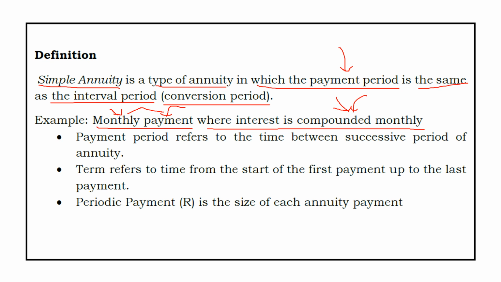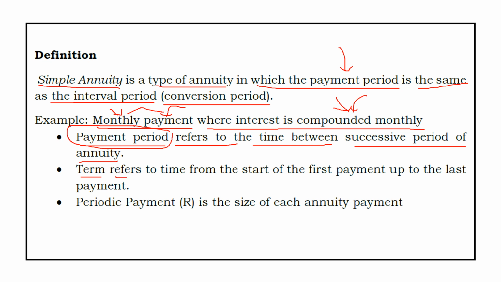Next, payment period refers to the time between successive periods of annuity. So here is the good definition of a payment period. Next, term. It can be time or term.